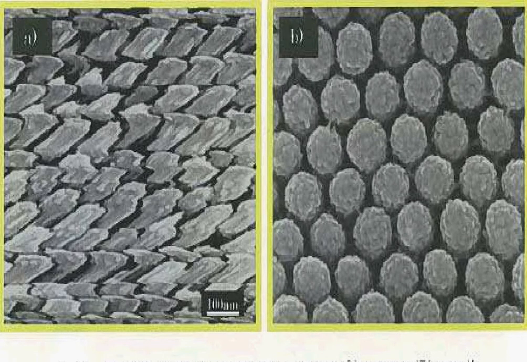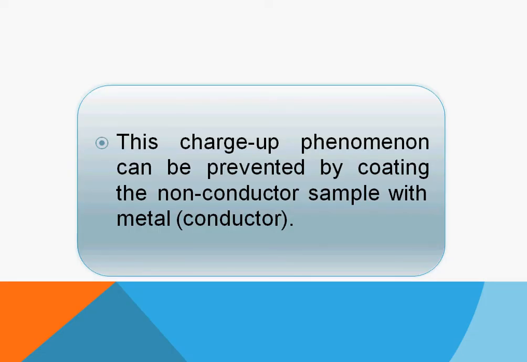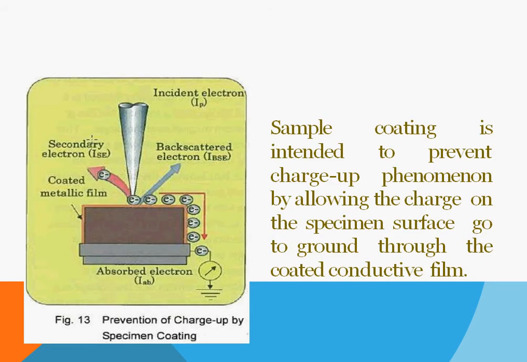So this is the difference we can observe between the distorted image, the disturbance due to the charge up, and this is the regular one. The charge up phenomenon can be prevented by coating the non-conductive sample with a metal conductor, right? In the case of non-conducting material, we are going to apply some coating materials.